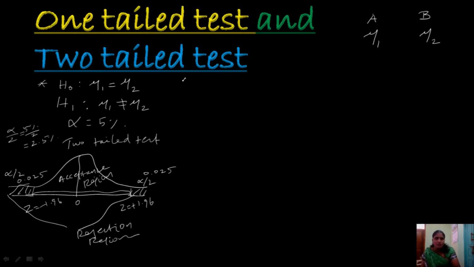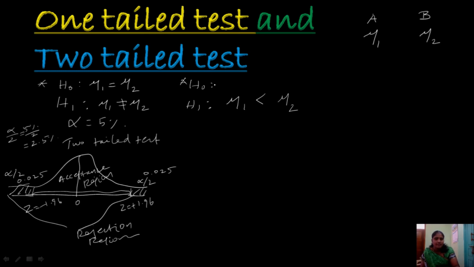Let me move on to the second case. Suppose the mean life of the batteries produced by company A is less than that of B. In such a case, my alternative hypothesis is mu1 is less than mu2.